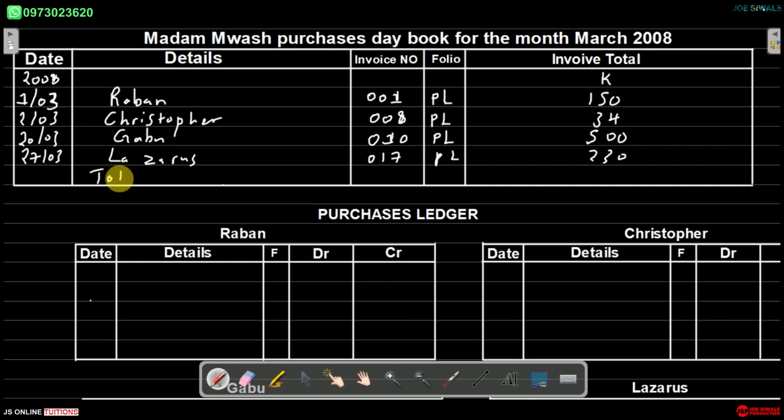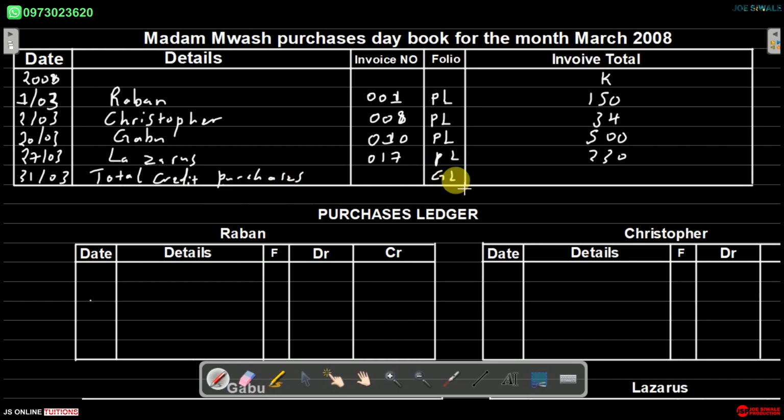So we can say our total credit purchases, and this is shown at the end of the month. So we'll say 31st of March, and that is recorded in the general ledger.